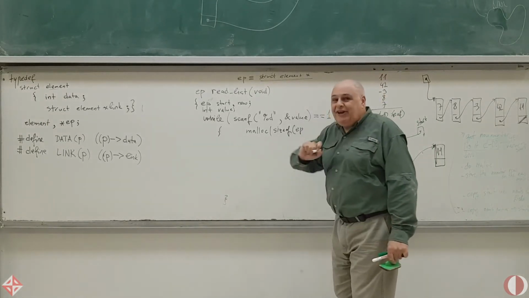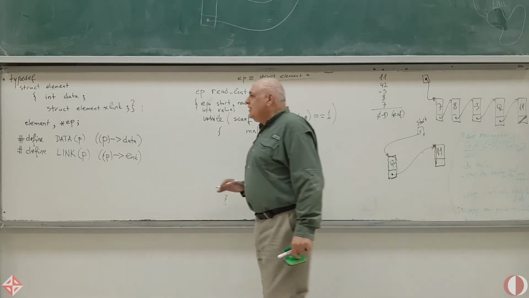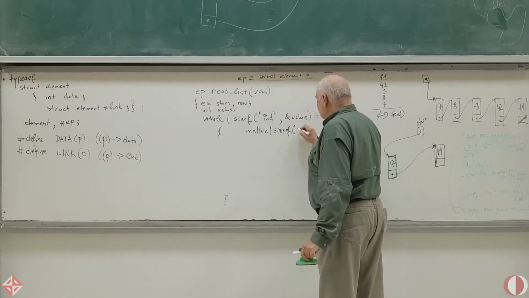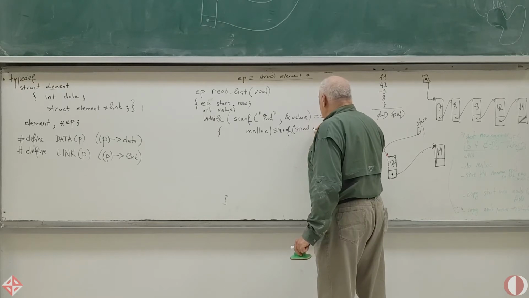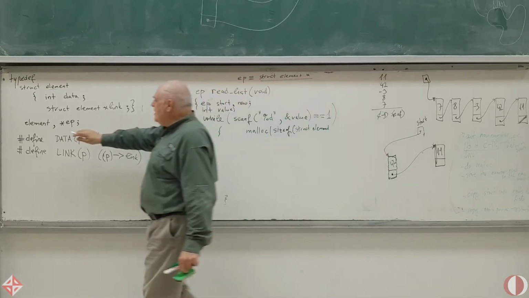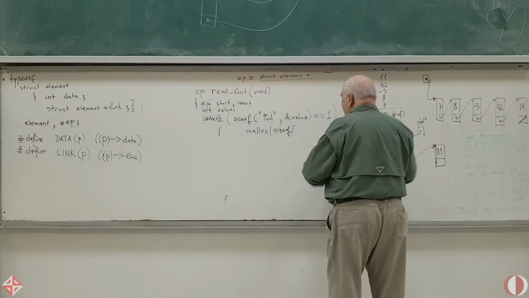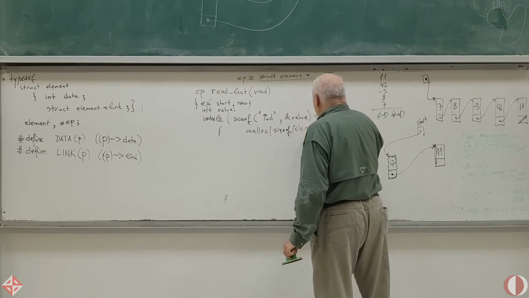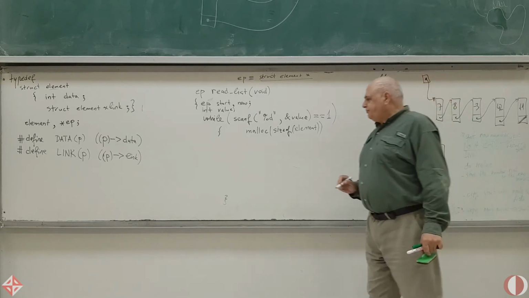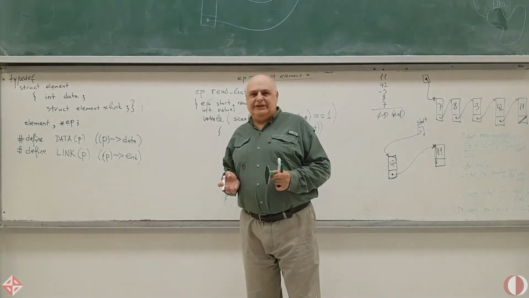EP is a pointer to the structure. I need the whole space for the structure. So either I will say structure element, or with the new naming, I drop the structure and call it simply element. And this will provide me a pointer.